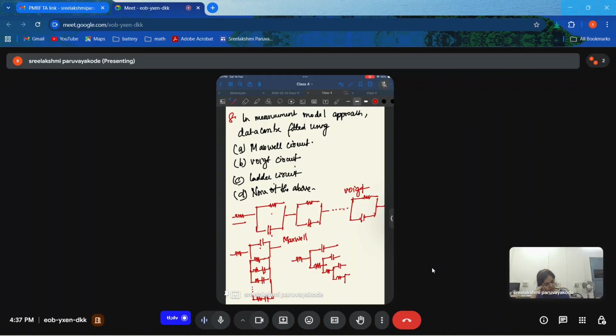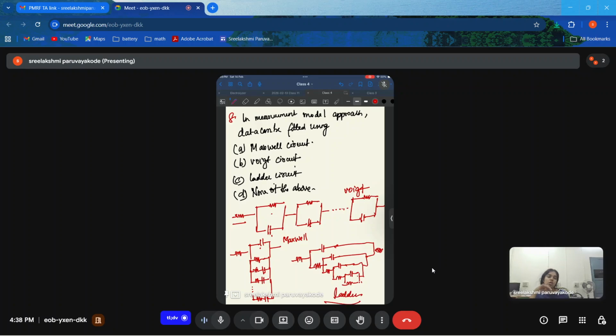To this, you will again have another resistor and capacitor in parallel, and this just keeps on continuing. This is called a ladder.